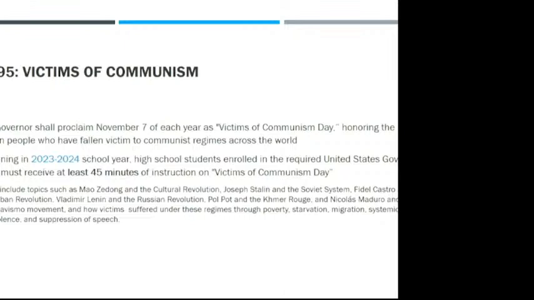So this adds new standards for our students and for our teachers. And it also requires at least 45 minutes of instruction on the topic. And those are all the bills that we've highlighted for today. There may be more later as more details come out from State Board and rules are established.